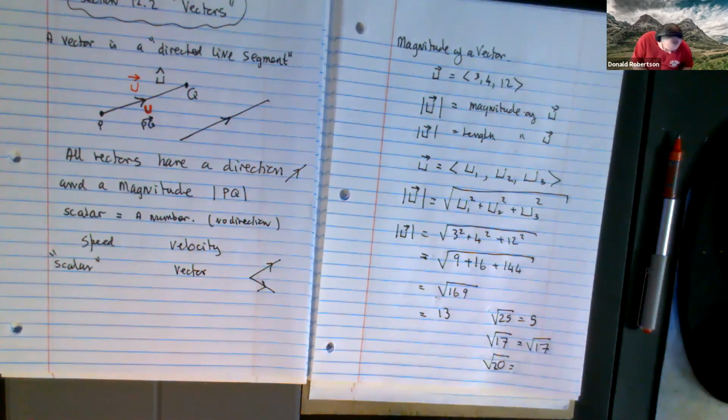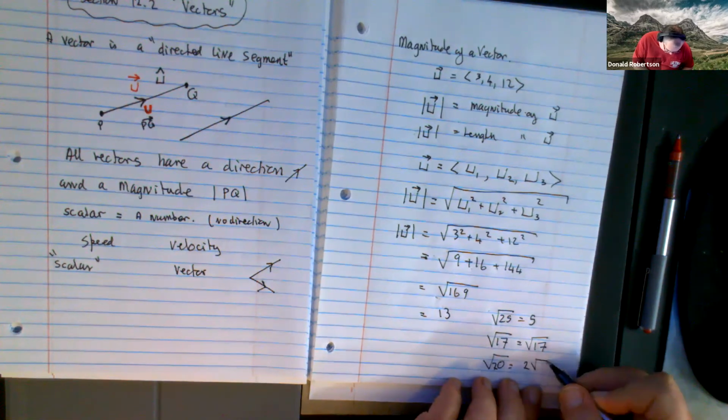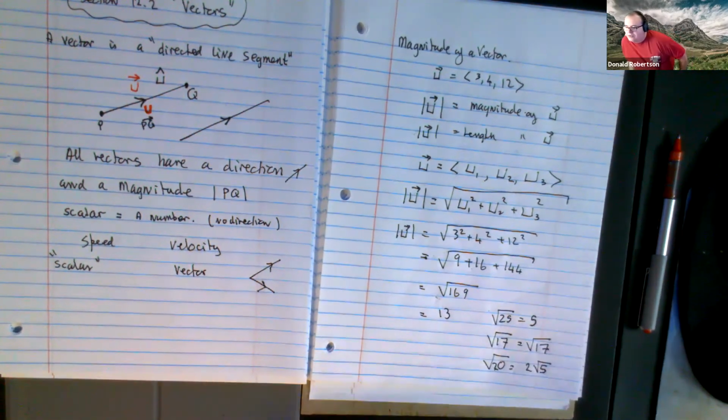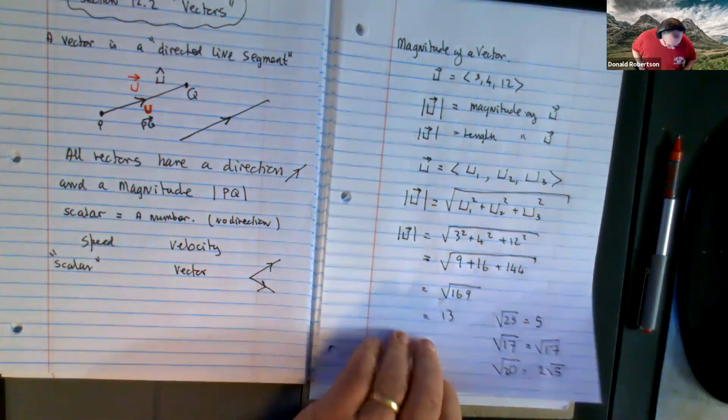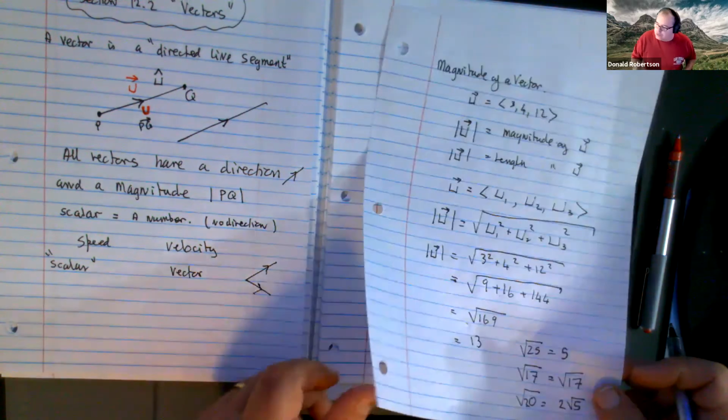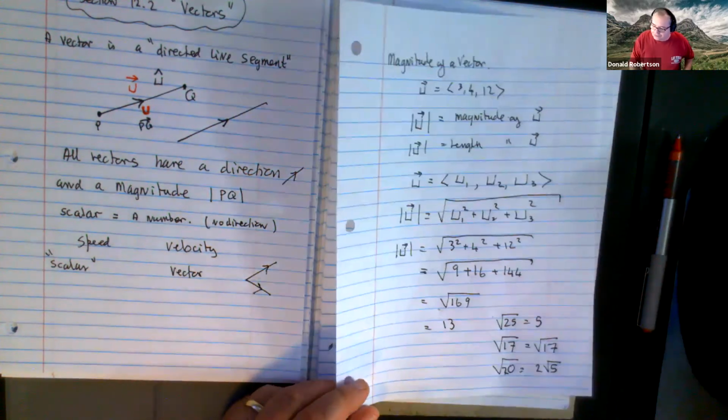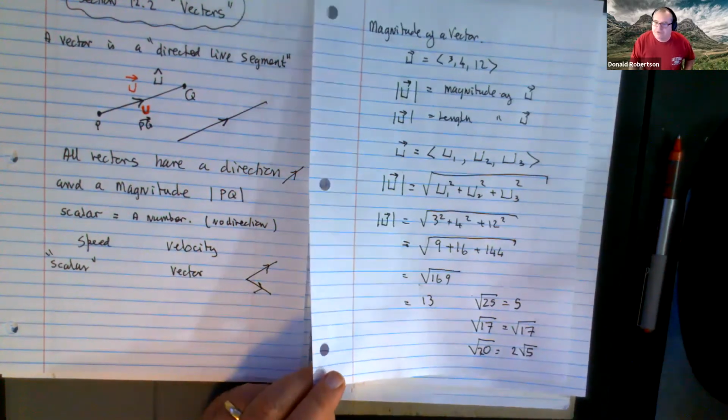And you are expected, even if nobody tells you to do it, to rationalize the guy, right? Make it look pretty. That seems reasonable. Keep away from decimals unless the question says specifically to 2 decimal places. So always assume that they want exact values otherwise.